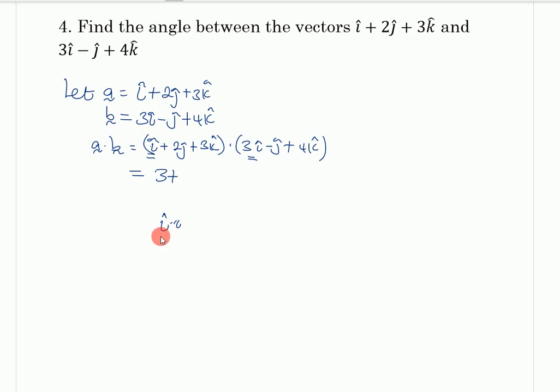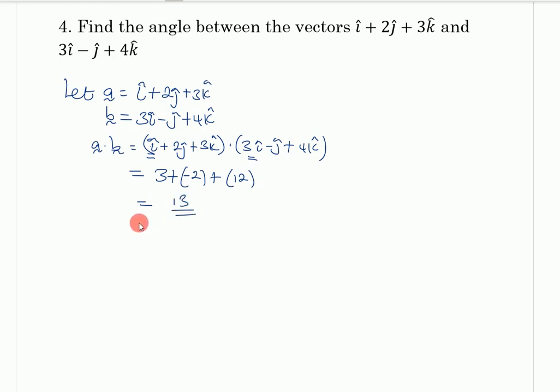Then for the j's, we have negative 2, because we have 2j times negative 1, the coefficient of j there. Then the k's, we have 3 times 4, which gets us 12. And at the end of it, we have 13.